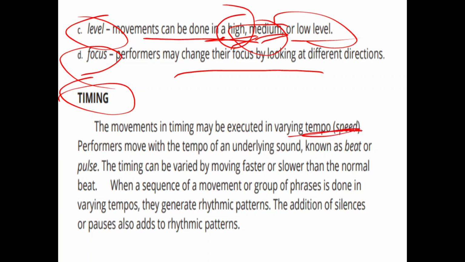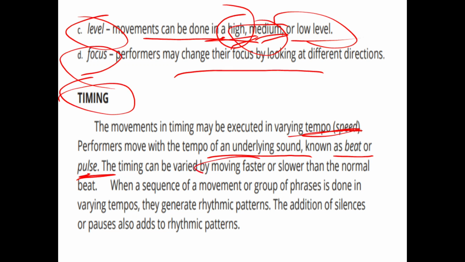Okay. When we say timing, the movements may be executed by varying the tempo, or what we call the speed. Kung unsa siya ka kusgon or unsa siya ka hinay. Performers move in a tempo underlying sound known as the beat or pulse. The timing can be varied by moving faster or slower than the normal beat.